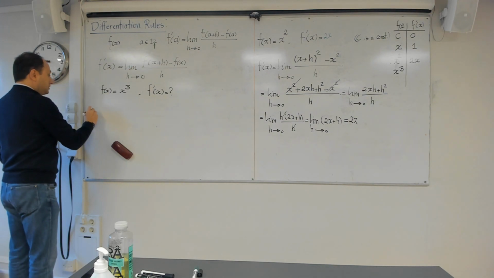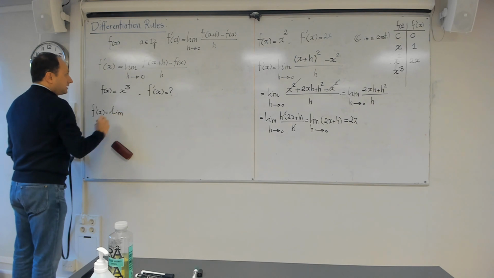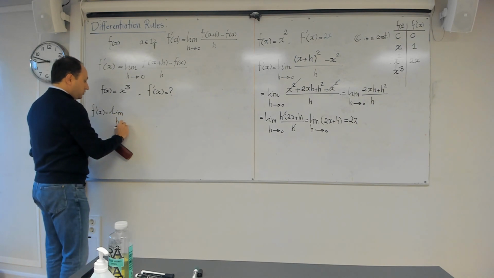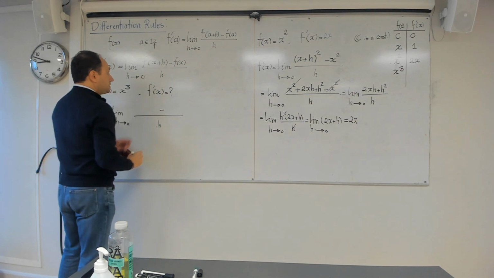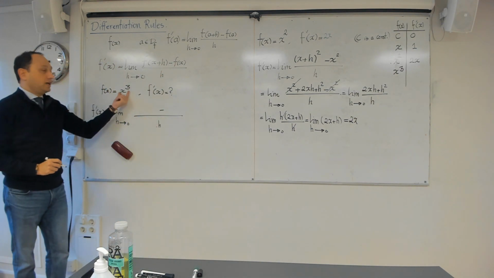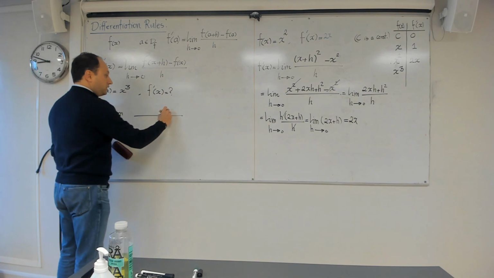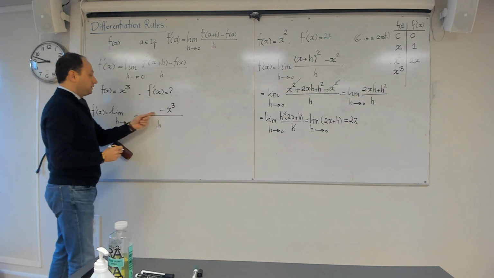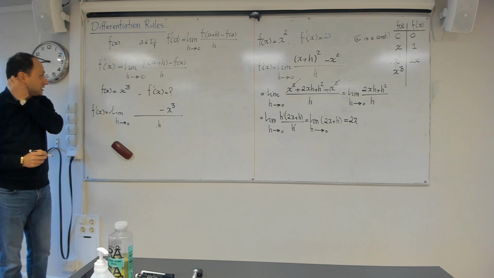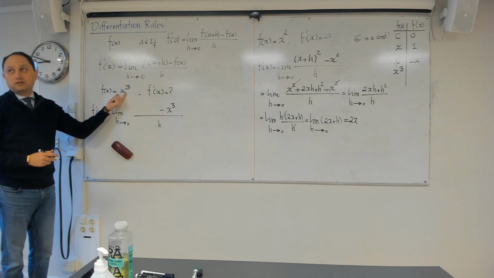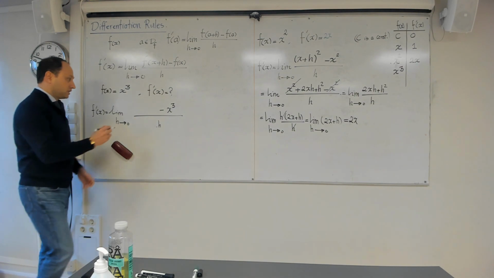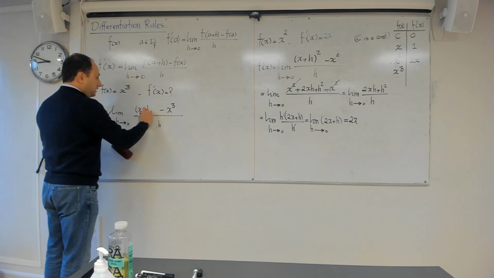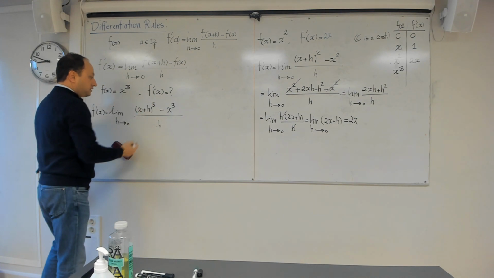Okay, I have it here, so f prime of x is equal to the limit, as h goes to 0, of one over h times, minus f of x, which is x to the 3, so I put x to the 3 here. I hope that you don't have any problem saying this one now. What is the answer here if my function is here? What should I write here? Yes? X plus h to the power of 3. Exactly. So I make sure, please, if you don't understand this, please let me know.